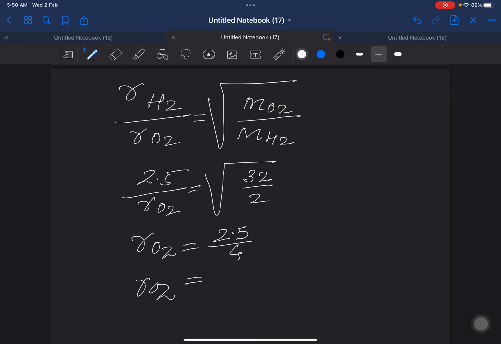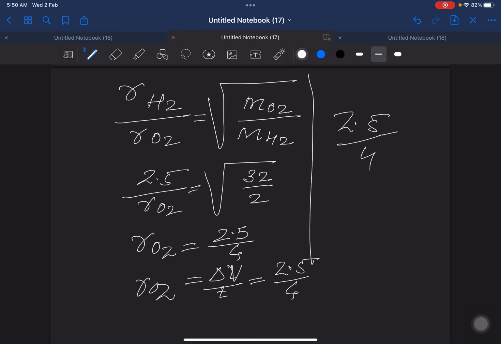RO2 is equal to delta V upon T, 2.5 upon 4. ठीक है. तो अपने को यहाँ पे एक ए मिल रहा है 2.5 अपॉन 4 इज इक्वल टू डेल्टा वी अपॉन 5. तो डेल्टा वी इज इक्वल टू 3 ml.